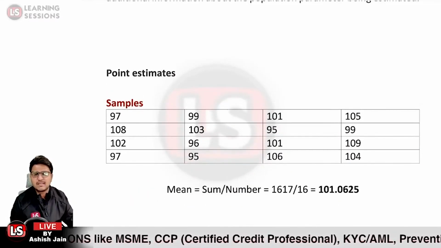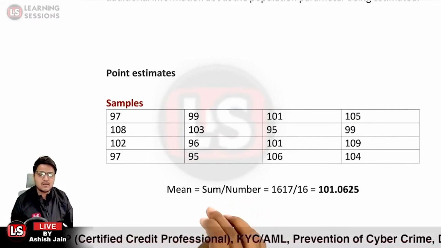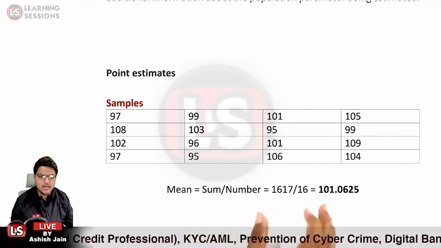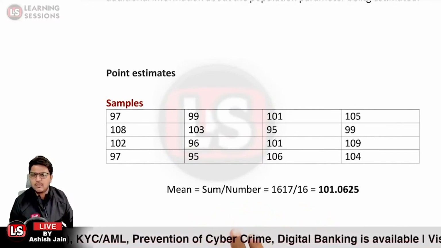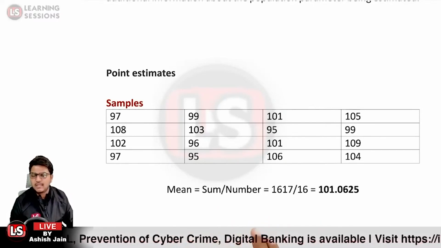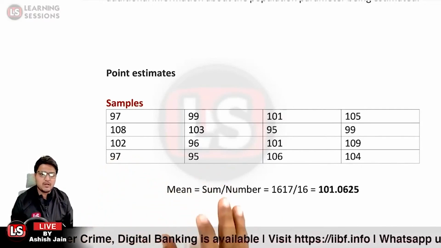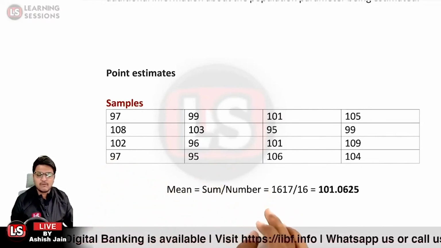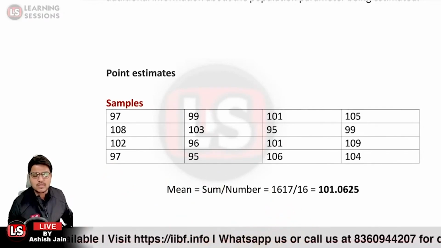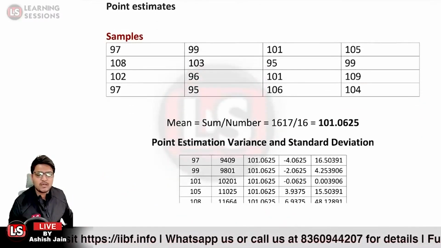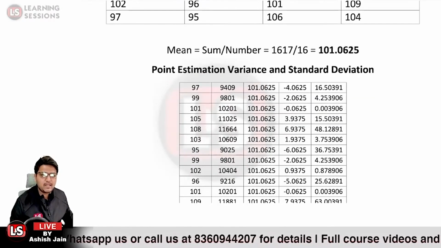If we consider the mean as an estimator, it would be the sum divided by the number of entities. So the sum of the numbers, 97, 99 and all, comes out to be 1617, divided by 16 entities, which comes out to be 101.0625.